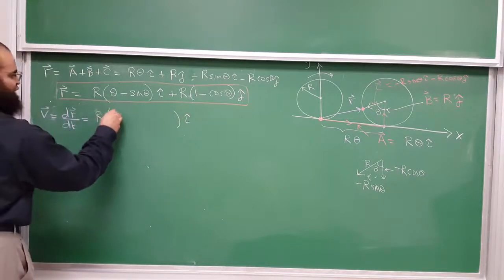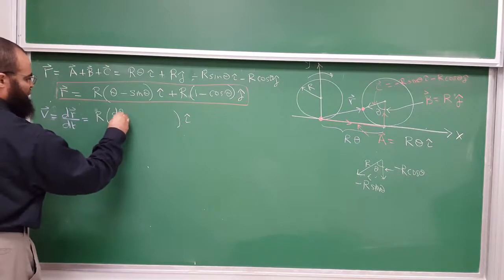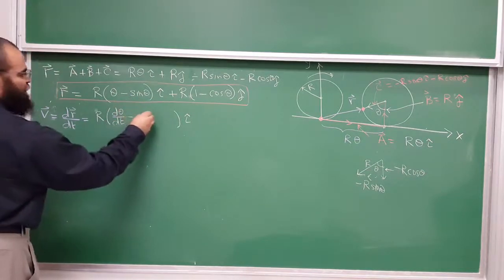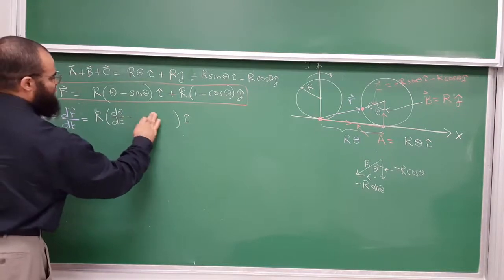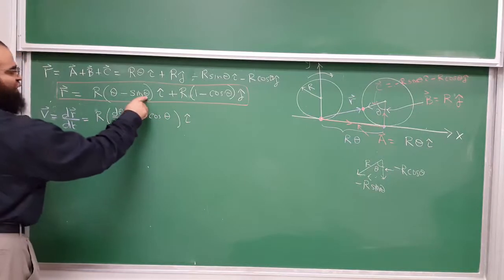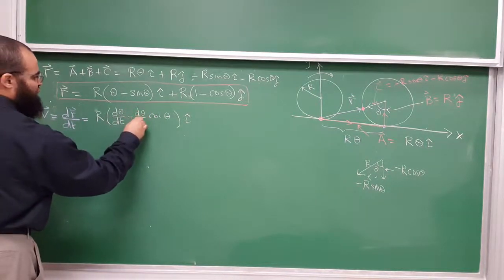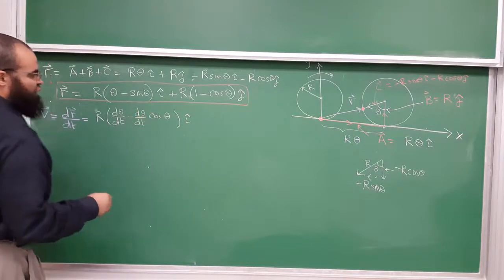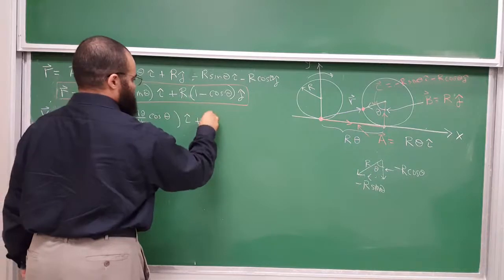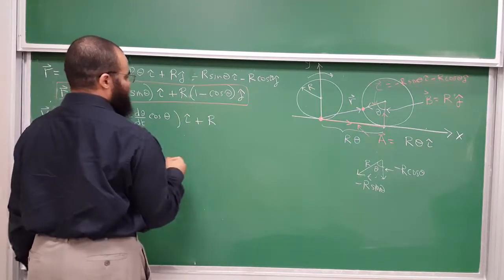Derivative of theta is d theta dt, and then minus. Derivative of sine is cosine, so cosine theta, and then by the chain rule I have to take the derivative of theta, so that's a d theta dt, and then plus r times the derivative of 1, which is 0.